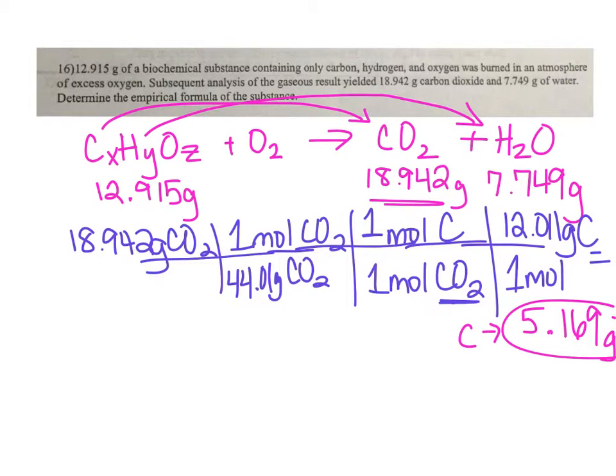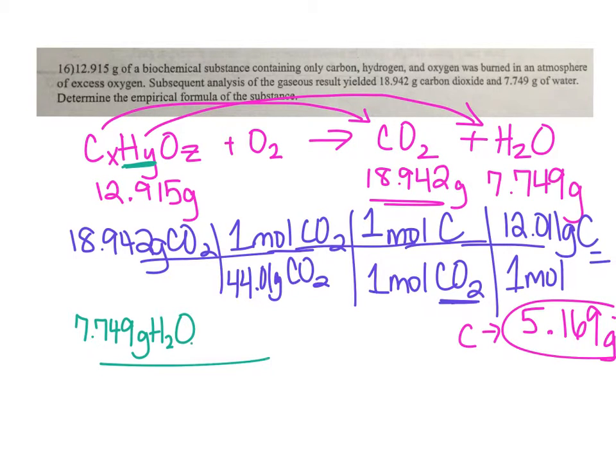Okay, so the next step is we're going to take our water value, which is the 7.749 grams. And we're going to try and figure out how many grams of hydrogen are involved there.